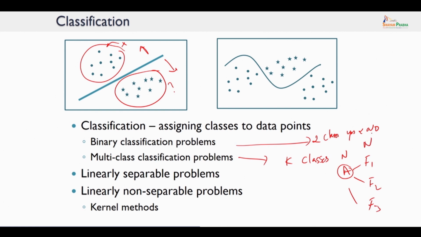Then if you put all of this together, normal, fault 1, fault 2, fault 3, now you have a 4 class problem. So if I have annotated data where the data is labeled as being normal or as being collected when fault F1 occurred, or fault F2 occurs, fault F3 occurs, and so on, then whenever a new data point comes in, we could label it as normal, in which case we don't have to do anything, or if we could label it as one of these fault classes, then we could take appropriate action based on what fault class it belongs to.